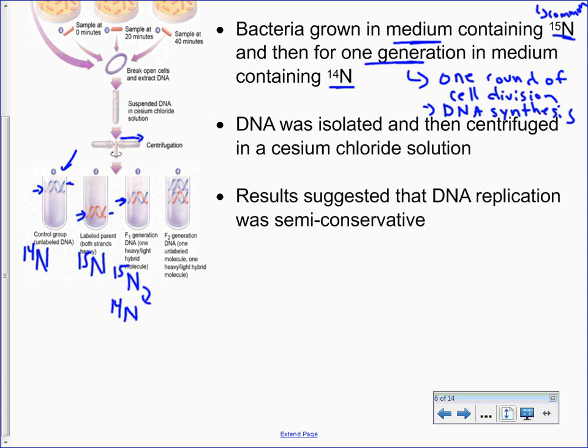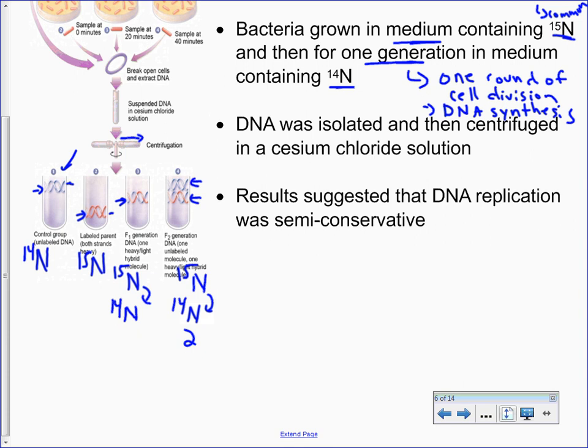They performed another experiment where bacteria were again grown on nitrogen-15 containing medium, transferred to nitrogen-14 containing medium for 2 rounds of replication, so 2 rounds of DNA synthesis. And the result that they found there was that, again, they found DNA in that middle area that they'd seen with just the 1 round of replication.